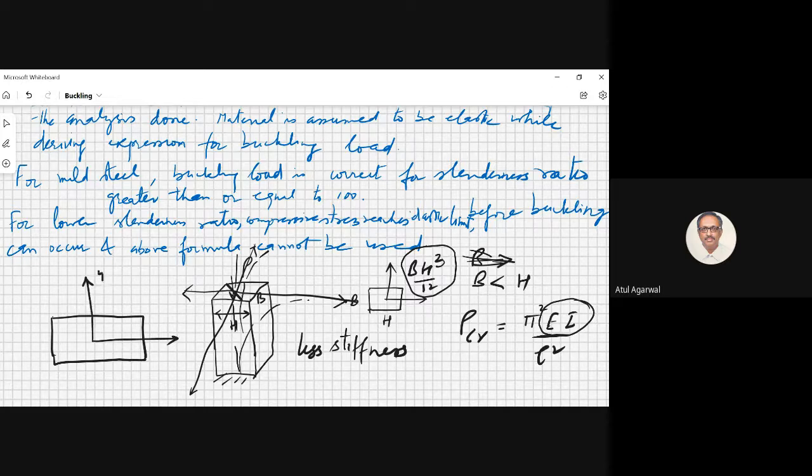So you have got Y and Z axis. What is your IZZ? Let's call it B and H. What is your IZZ, Dhruv? Yes. Kavalish, what is your IZZ?